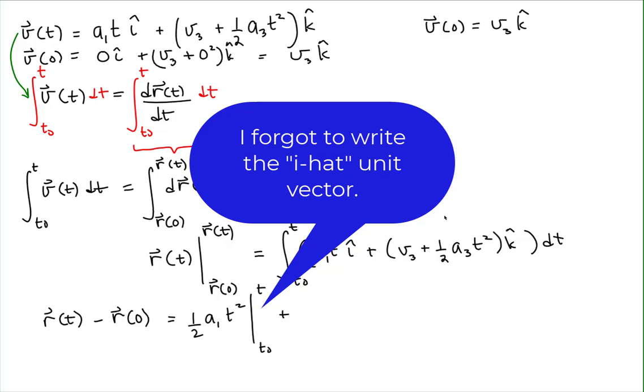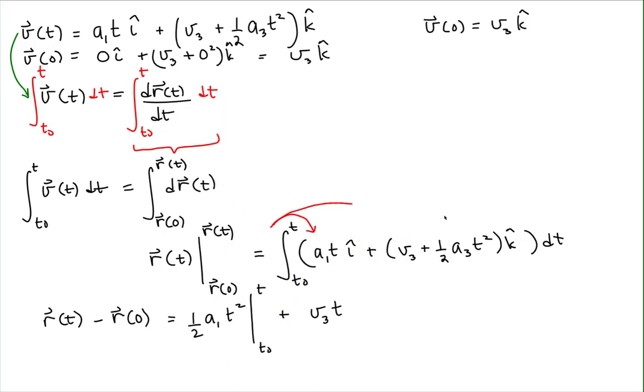The z component is equal to v3 times t, where I'm just integrating each term individually. So this is v3 t plus 1/6 a3 t cubed. And this is the z component evaluated from t naught to t.